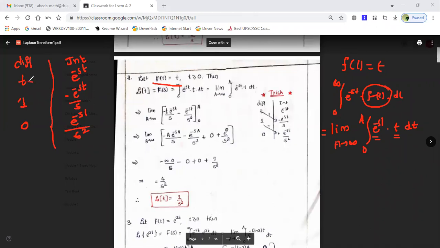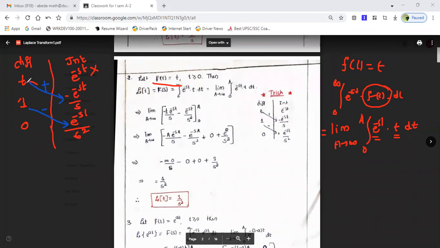So now what you do, don't consider this term. Okay, so what you will do here is cross multiplication with this and then this with this. And here alternatively positive and negative signs.